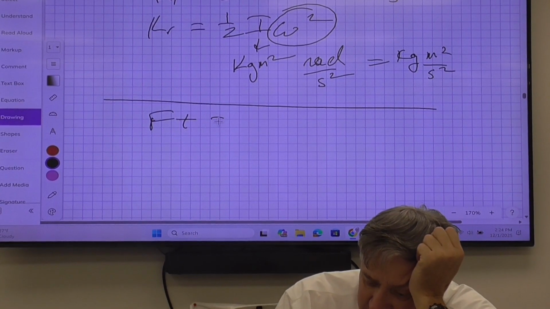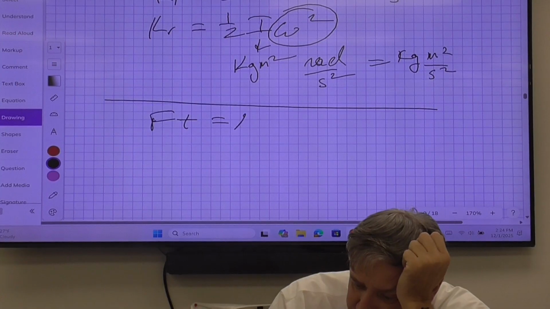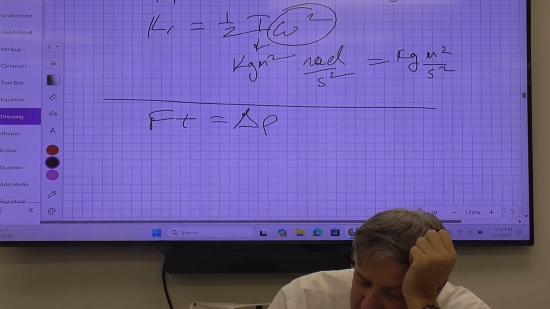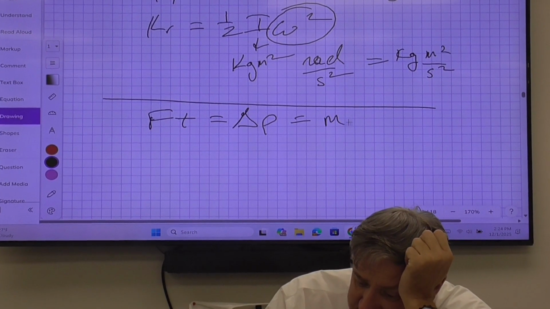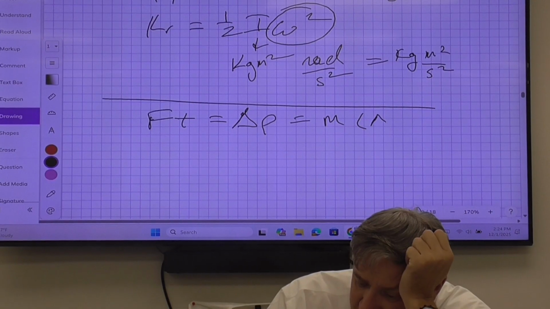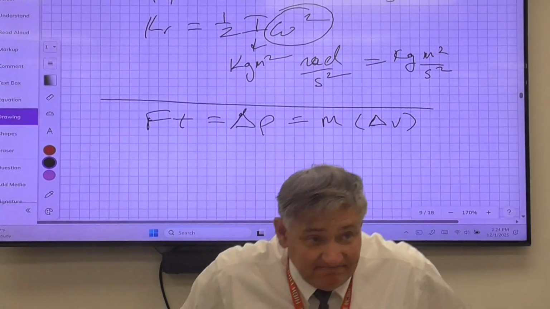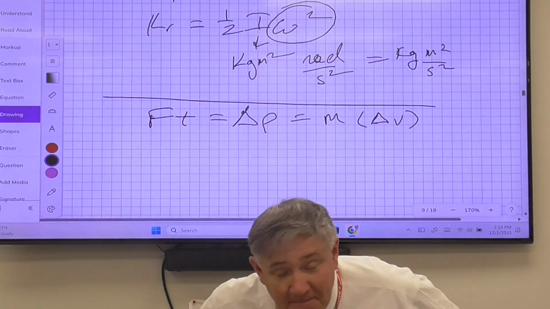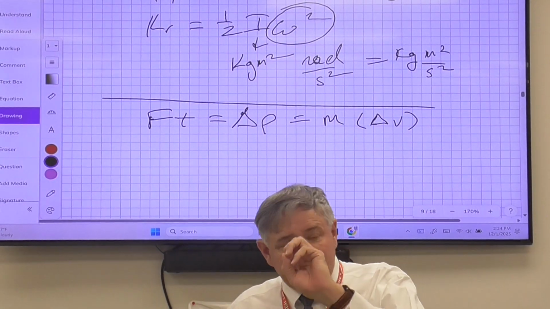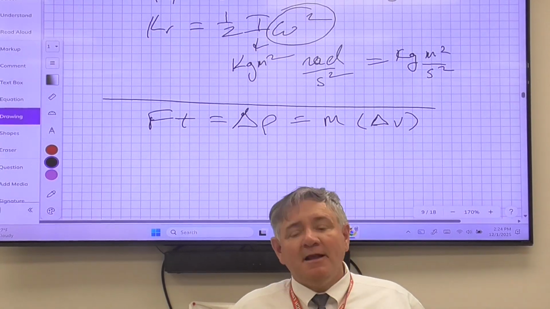Now, force times time equals what? Change in momentum. Up to this point in time, you all are used to that being mass times change in velocity. Up to this point, the change has always been associated with velocity.